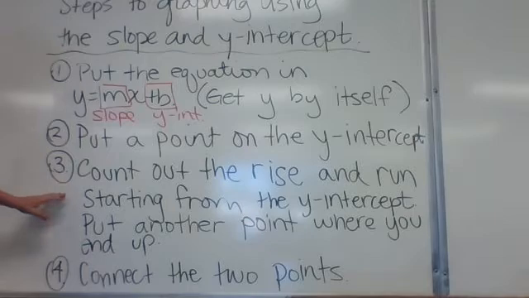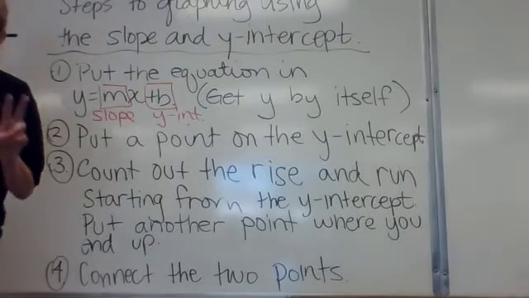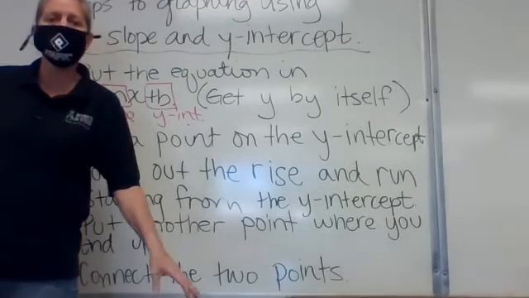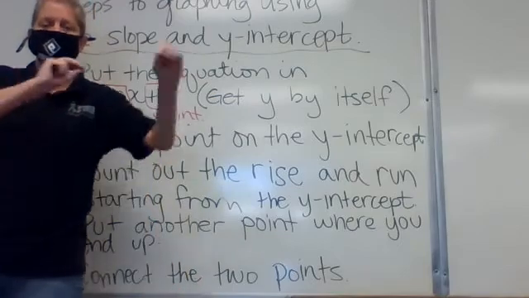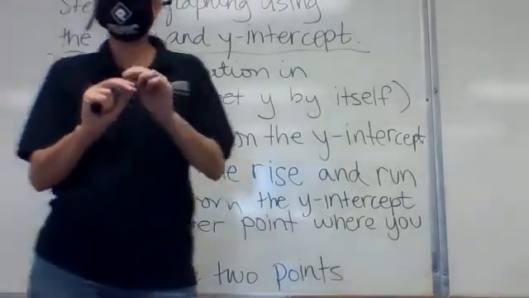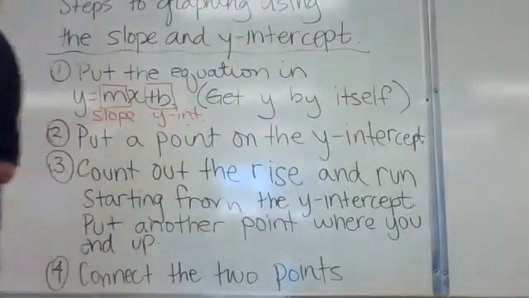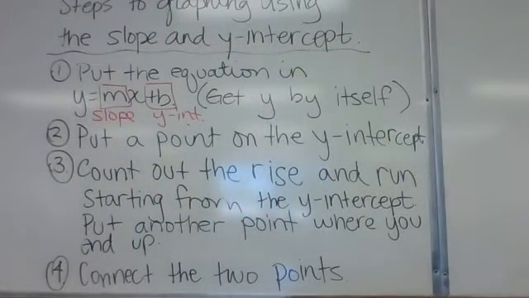Then you're going to count out the rise and the run, starting from that point that you just put on the y-axis. That's where you're going to start your counting. Wherever you end up after you count those two directions is where you're going to put your other point. So you have a point on the y-axis, count out your rise and run, put another point, and then you'll connect those two points to draw your line.